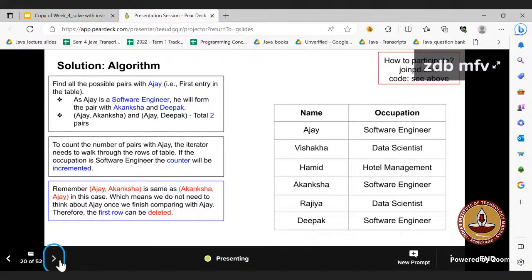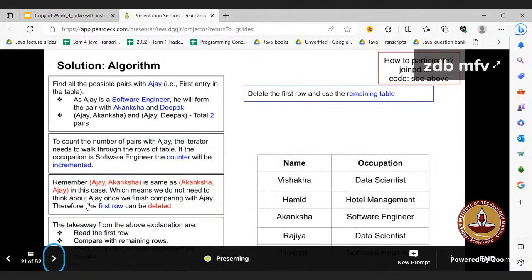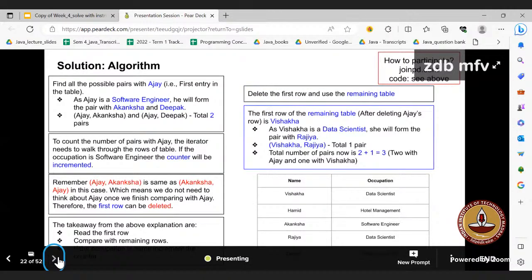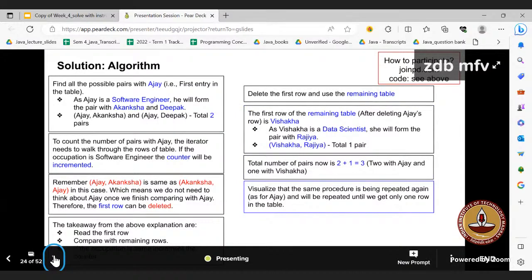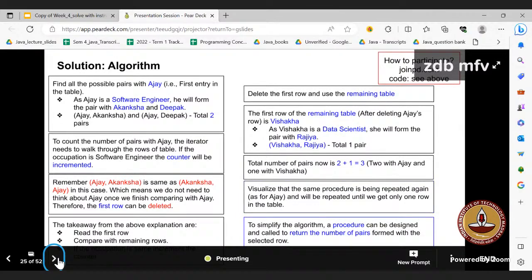Ma'am, can you tell what will be the if condition of the pseudocode? Yeah, I will show the pseudocode, don't worry. So the same thing, whatever we discussed, that is being written here.